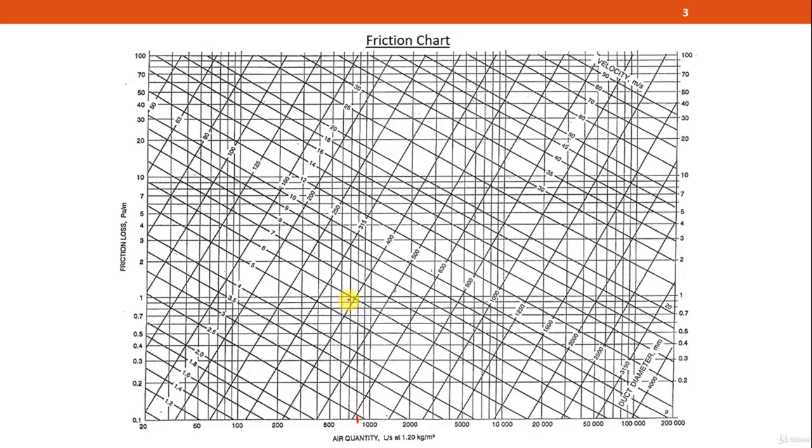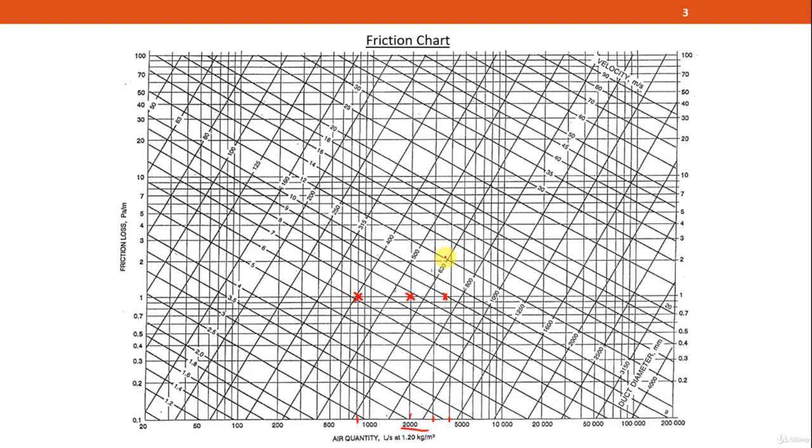The intersection point with 1 Pascal per meter will be over here. The next section is 2000 liters per second, so it will be along this vertical line and it will cut this point over here. And finally 3600. This is 2000, the next vertical line is 3000, and this is 4000. So 3600 will be somewhere in between, maybe over here.